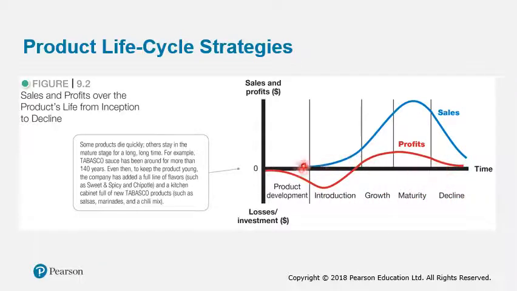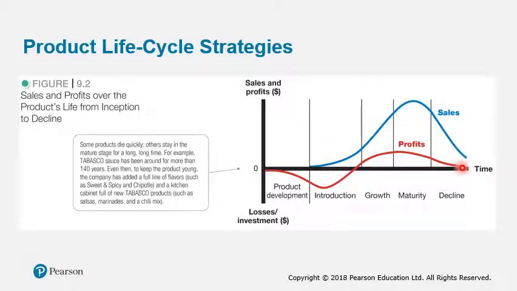Prior to this was what I explained just now, the new product development process. So remember the commercialization just now. When you do commercialization, this is when you are introducing your product to the market at the introduction stage. Then you have growth, maturity, and then decline.